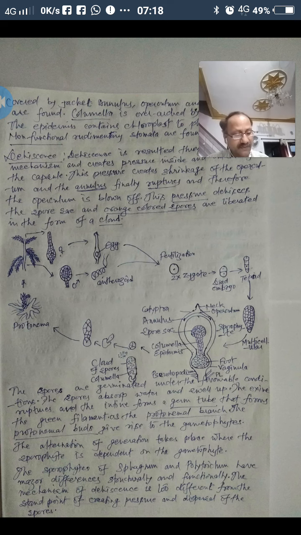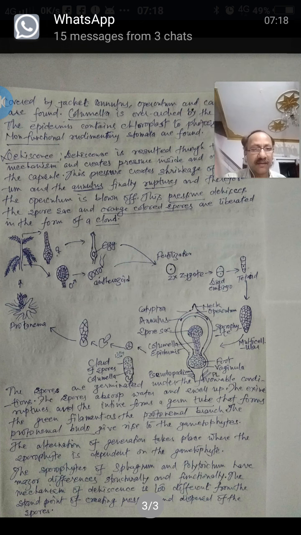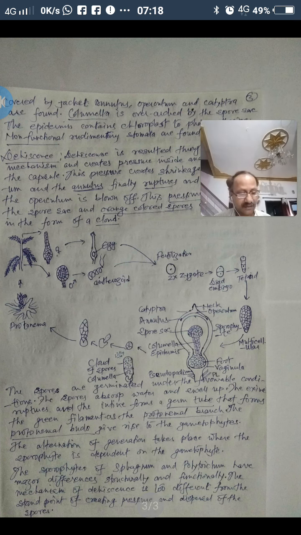The protonemal buds give rise to the gametophyte, and the alternation of generation takes place where the sporophyte is dependent on the gametophyte. The sporophyte of Sphagnum and the sporophyte of Polytrichum have major differences structurally and functionally. The mechanism of dehiscence is too different from the standpoint of creating pressure and dispersal of the spores.